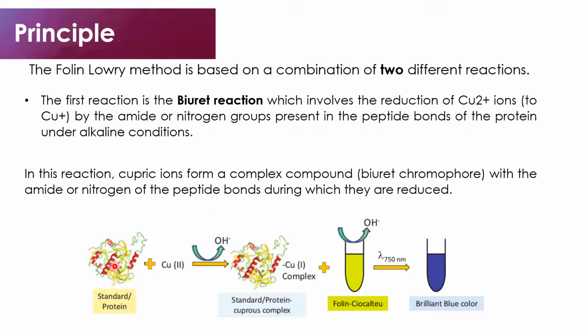For the first reaction, as explained earlier, this cupric ion over here, which is produced from the copper sulfate, is being reduced by the peptide bonds of the protein in our test sample to the protein cuprous complex as seen over here. So this is the first reaction.